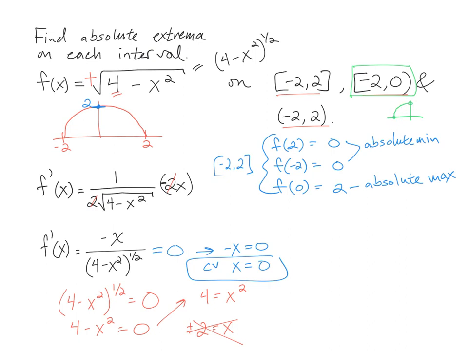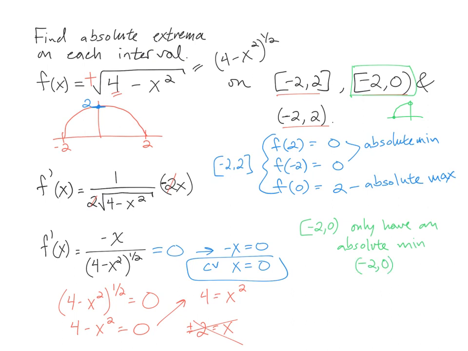We have an absolute minimum for sure, but we do not have an absolute maximum anymore. So for the interval -2 to 0, we only have an absolute minimum, and that will be at -2, 0.